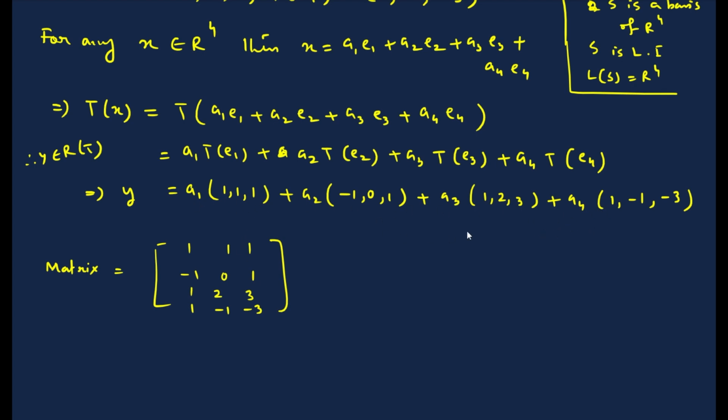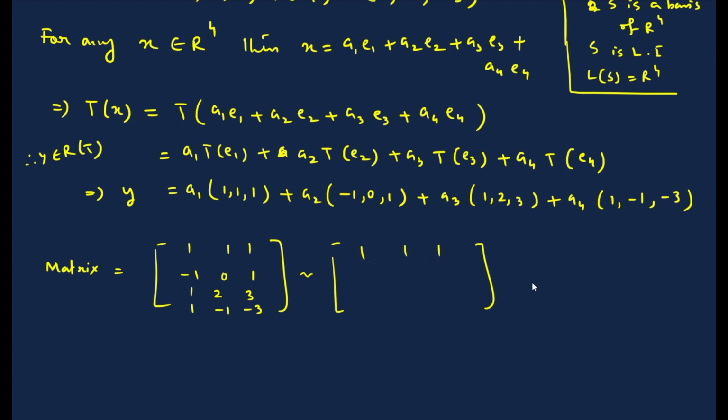We have to check whether Y is a linear combination of T E1, T E2, T E3 and T E4 or not. That we are going to check now. For that we are making one matrix, and again we have to use echelon form.